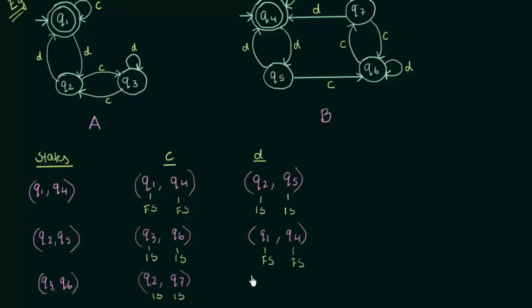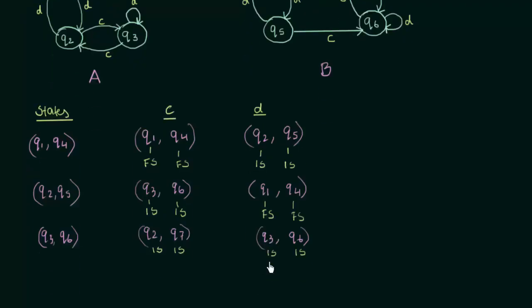Now let's do the same thing for input D. Q3 on input D goes to Q3 itself, and Q6 on input D goes to Q6 itself. You can check it in the diagram, and both Q3 and Q6 are intermediate states. So far all the pairs that we got are either both intermediate states or both final states. So till now it is equivalent.